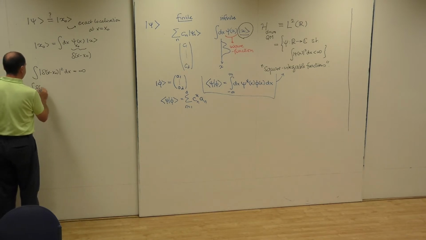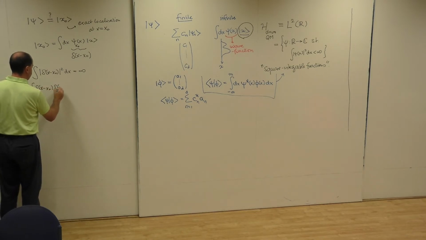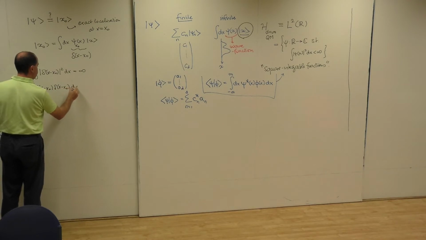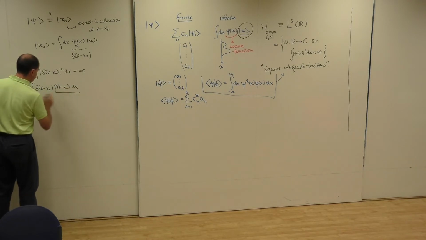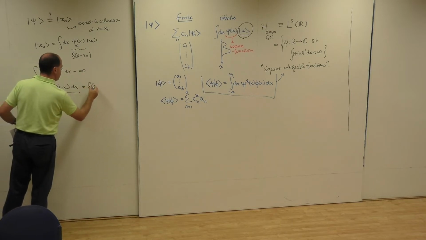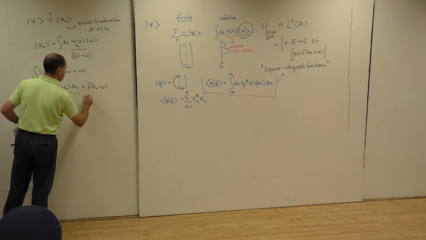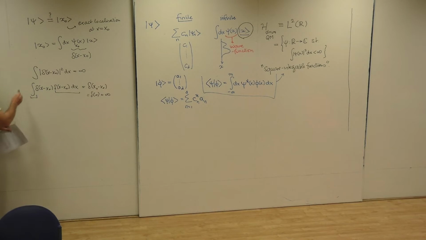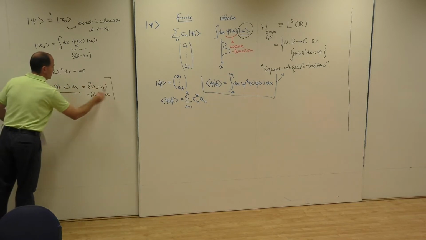This is the integral of delta x minus x0 times delta x minus x0 dx. And you use this to evaluate the function at x equal x0. So you look at this as a generic function. This would give me delta of x0 minus x0. This is delta of 0, and this is infinity. That's just a proof of this statement.